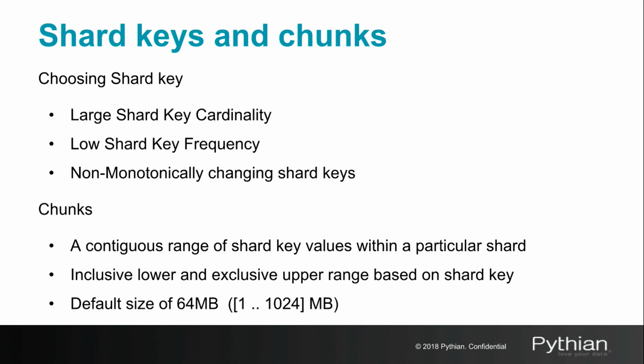And the chunk size has an impact on balancing your data across multiple shards. So if you have larger chunks, it's more likely that some of the shards will have a larger amount of the data compared to other shards.